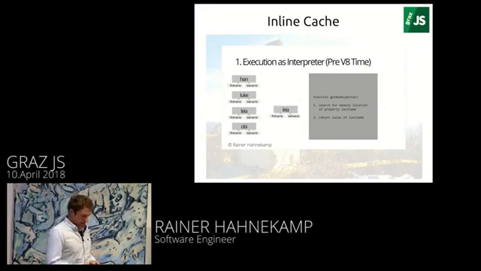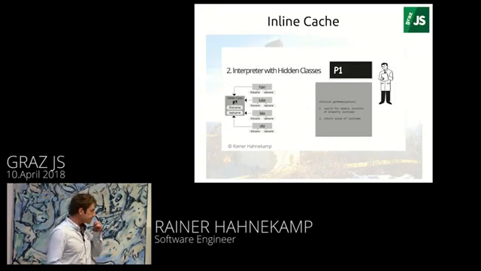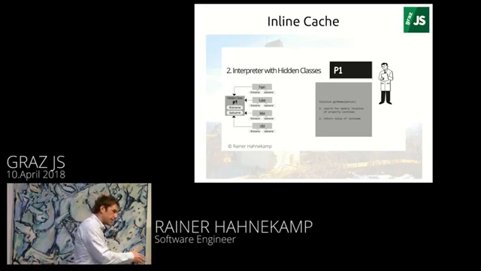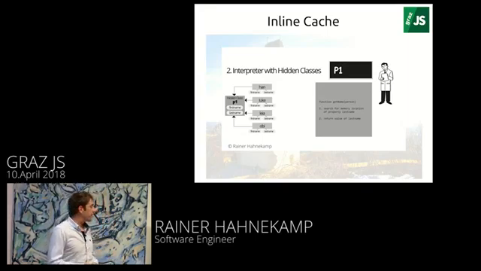Now with Chrome, something new was added, and this is called hidden classes. Hidden classes are not a concept of JavaScript. This is just when JavaScript executes, and it is an element inside of the engine. Now each object is assigned to a hidden class, as you can see here, and the criteria if two objects share the same hidden class is they have to have the same properties, in that case first name, last name, but the properties also have to be in the same order.